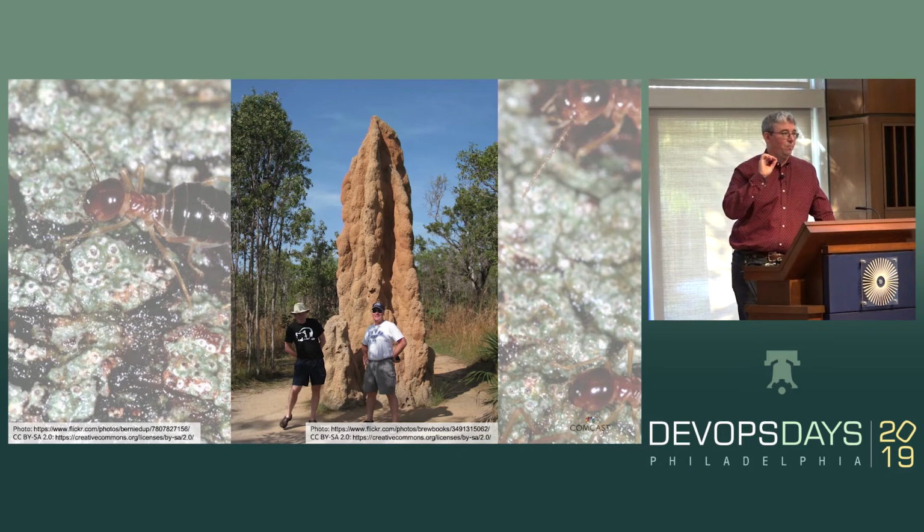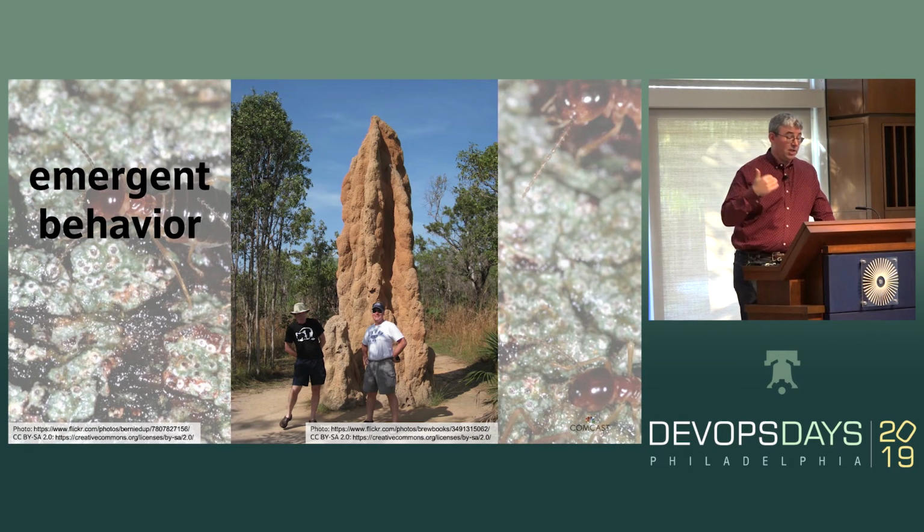But I'm pretty sure there's no chief software termite designing how this thing is working. In fact, the termite mound arises just out of the interactions of the termites themselves, right? And so in particular, there's emergent behavior. What this really means is that when you think about the behavior of the system, you can't actually understand all of its behavior just by understanding the behavior of the individual components.